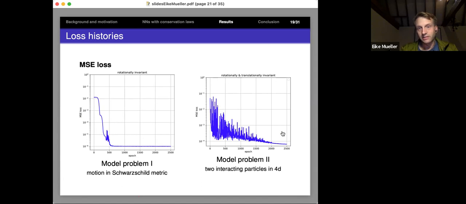I have 2 interacting particles in 4 dimensions. There the loss goes down to just below 10 to the minus 4. So it is possible that I'm underfitting and the network is not sophisticated enough, or I need more training, but that's the point that I got to.